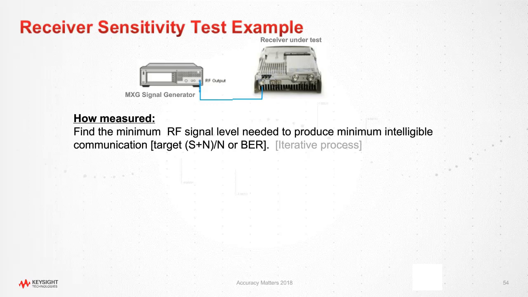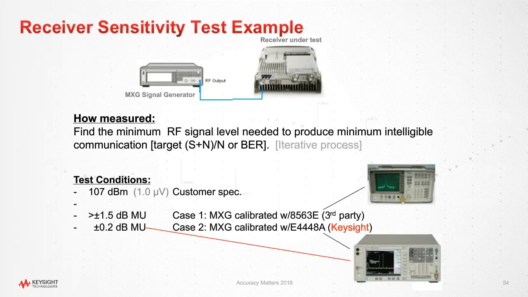What's important is that the level is going to be around a microvolt, which is minus 107 dBm, or it could even be lower, say minus 113 at half a microvolt. So when you send that signal generator in for calibration, you need the measuring receiver to be accurate.